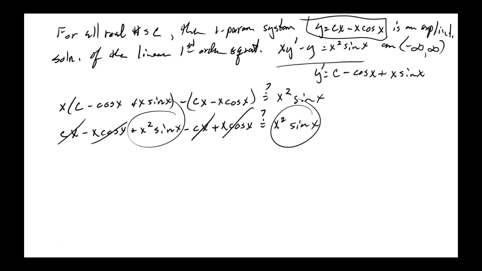The green down here that starts high but then winds up low, that's for C's less than 0. The ones in between, like the one above the red, would be an even more positive C. The yellow would be in between 0 and whatever this C was. So that's what one family of solutions would look like.